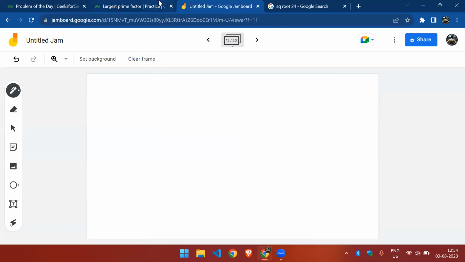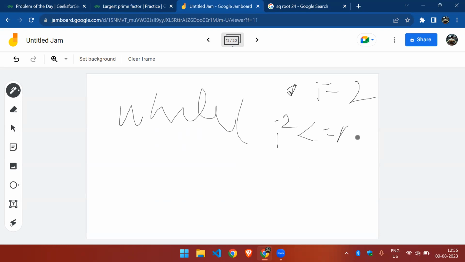Okay, so now let's discuss the approach of this problem. I will simply put the condition here. I'll be taking my iteration variable, which will be initialized from the very smallest prime number, which is 2, and I'll check if i square is less than or equal to n. Since i should be less than or equal to square root n, I'll simply take the square, and it becomes i square is less than or equal to n.